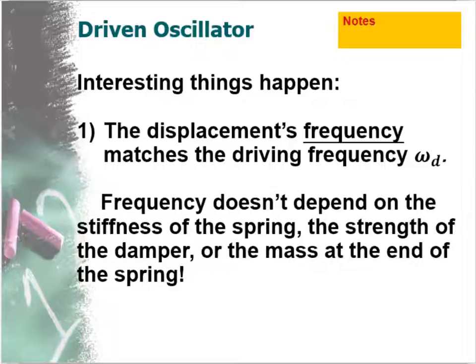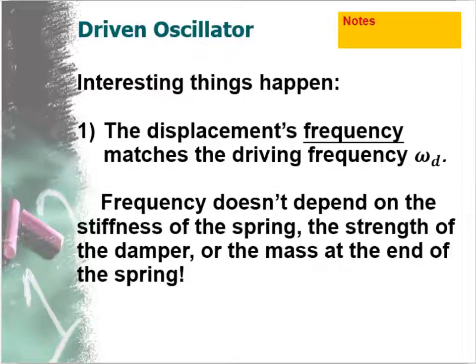One interesting thing is that the frequency it moves at doesn't depend on the stiffness of the spring, the strength of the damper, or the mass at the end of the spring. And that's not something we're used to, because we're used to saying the angular frequency is omega equals root k over m, and those are properties of the spring and the mass.